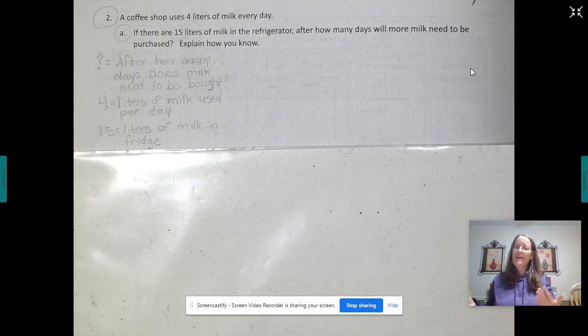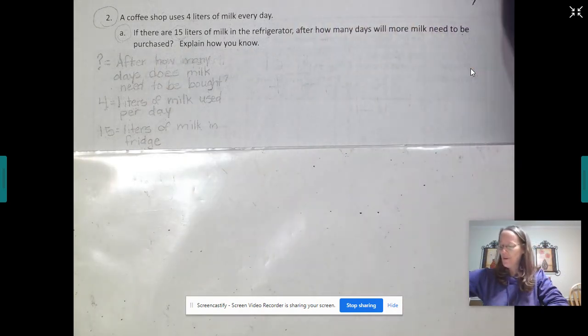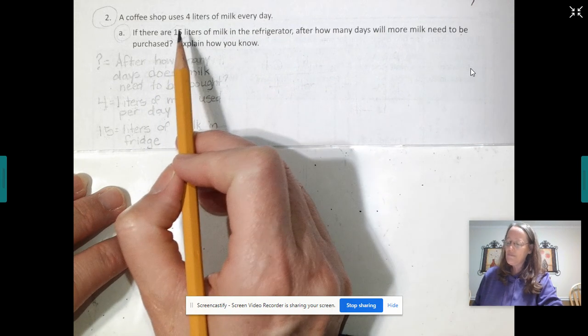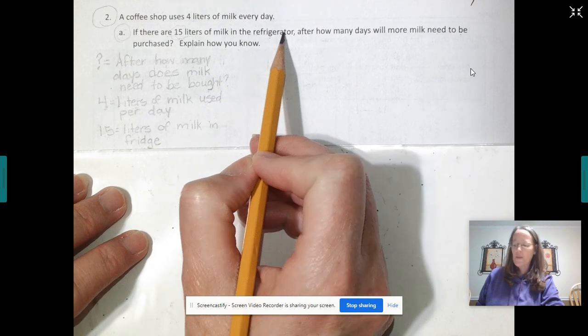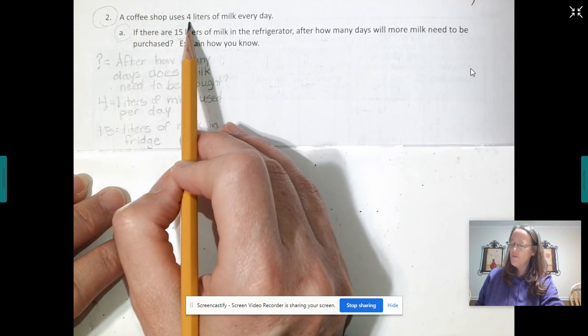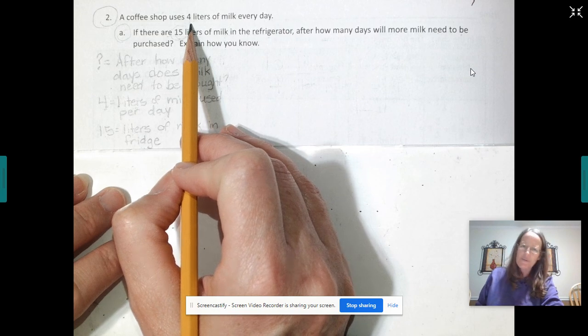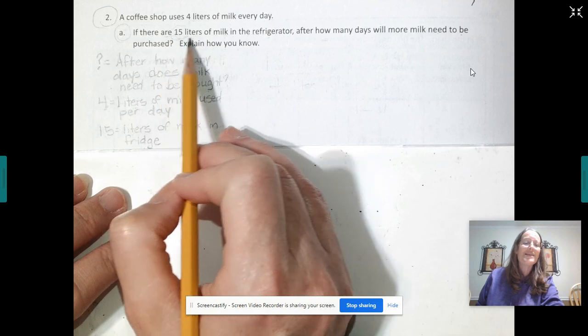So then I'm going to think, what item is being split? Is it the milk that's in the refrigerator, the total amount of milk, or is it the 4 liters that we will use every day? I'm not splitting those. So I am putting these into groups.